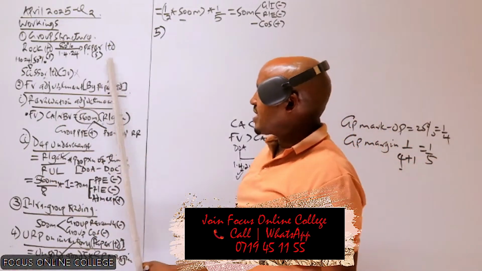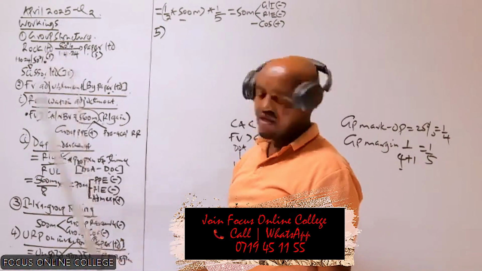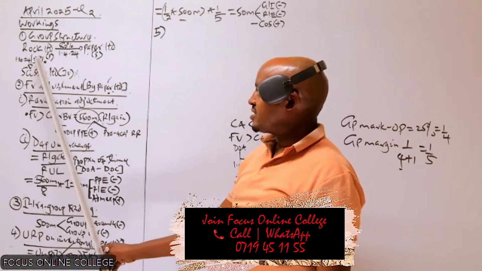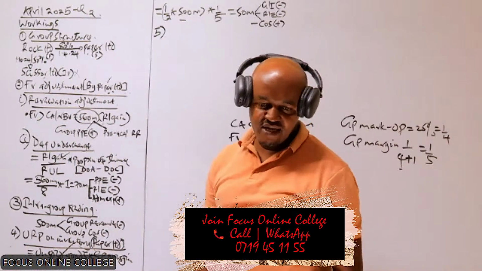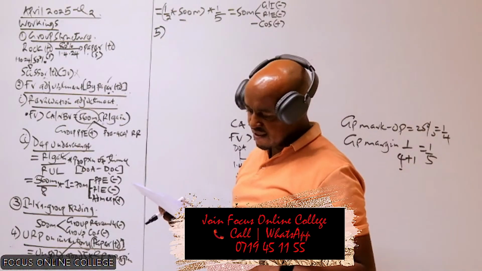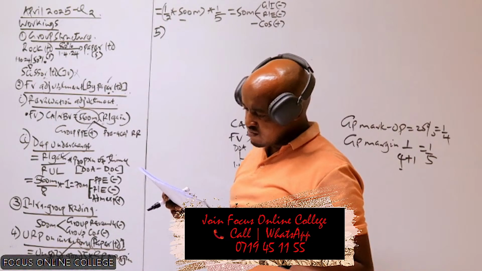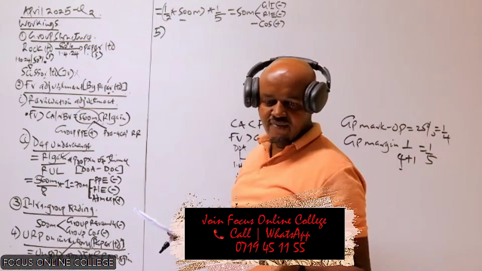Now, if this company sells some goods to this one, it is obvious that the parent company should pay the subsidiary. But in this case, we are told the balance payable was still outstanding. So how much will be the balance which was payable?